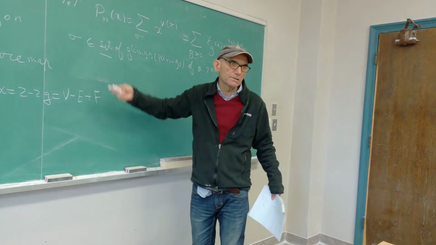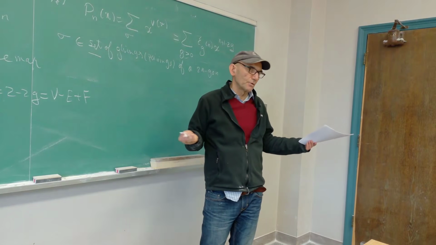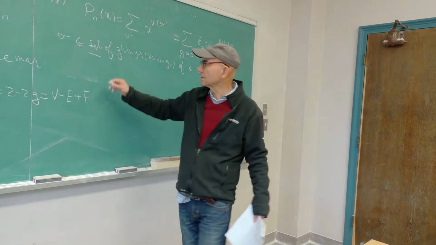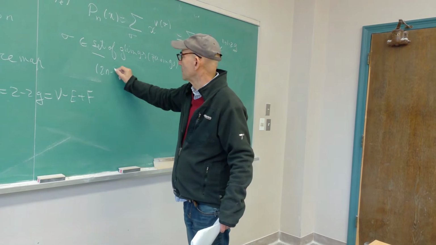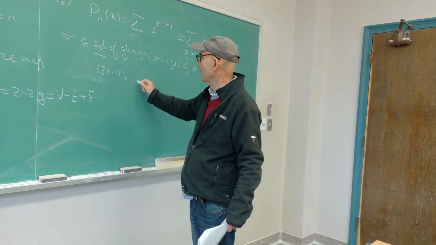The size of this set is, of course, the number of pairings of a set with 2n elements, which is 2n minus 1 double factorial. That is the total number of such sigma.